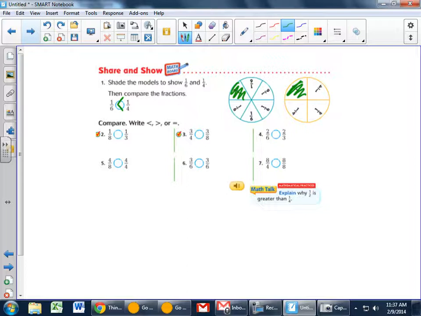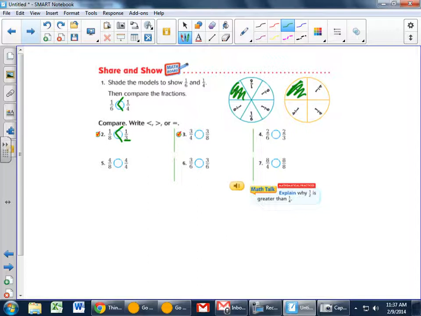Compare, writing greater than, less than, or equal to. So 1/3 and 1/8. Thinking about the rule that we just said, the fewer pieces, the bigger they are. So 3 is smaller than 8, so it's going to be bigger pieces.